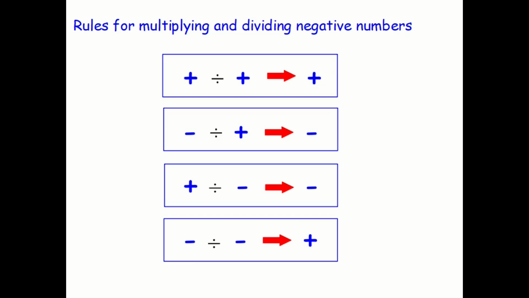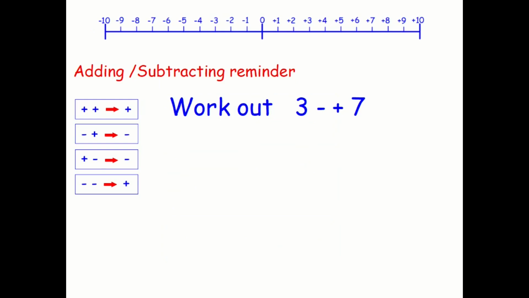Now, there is one really subtle difference between the rules for adding and subtracting negative numbers, and the rules with multiplying and dividing negative numbers. So a quick reminder of adding and subtracting.